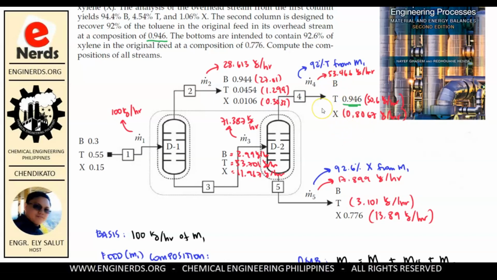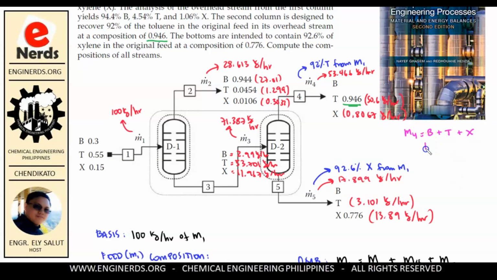So how are we going to do that? So all we have to do is to add all our value of T and X and subtract that here sa ating M4, because our M4 is equal to benzene plus toluene plus xylene.